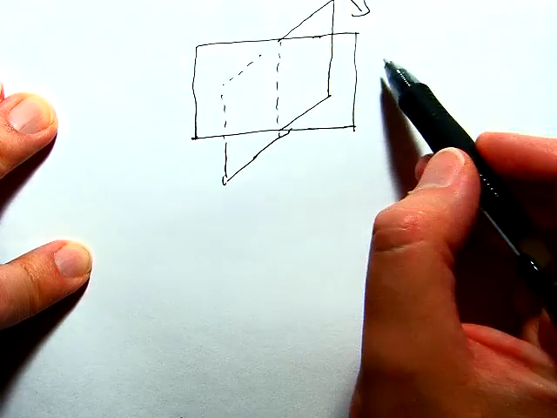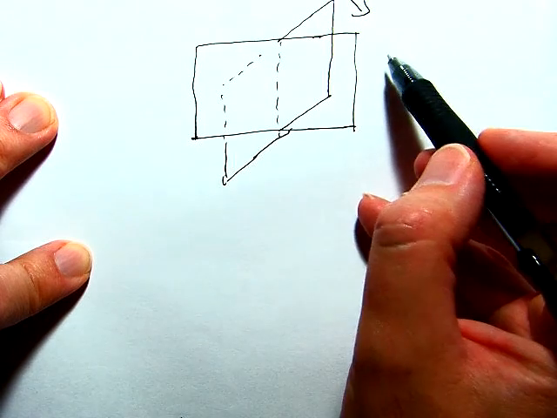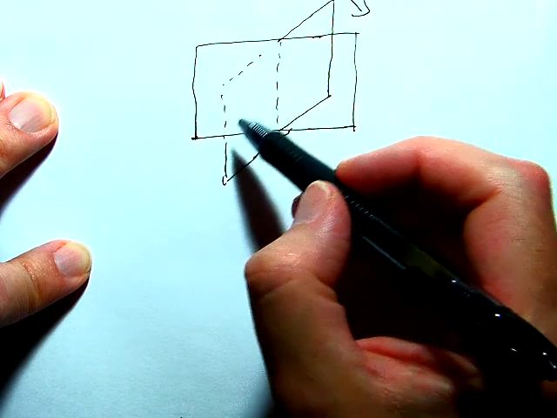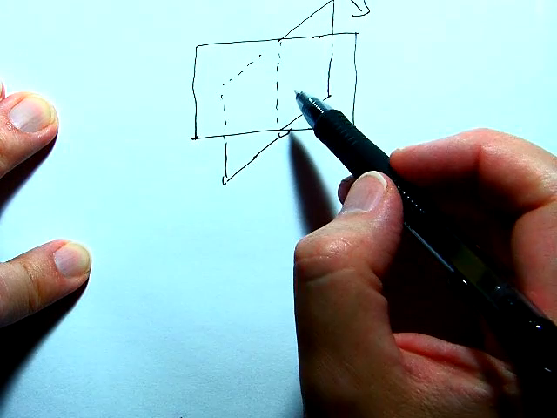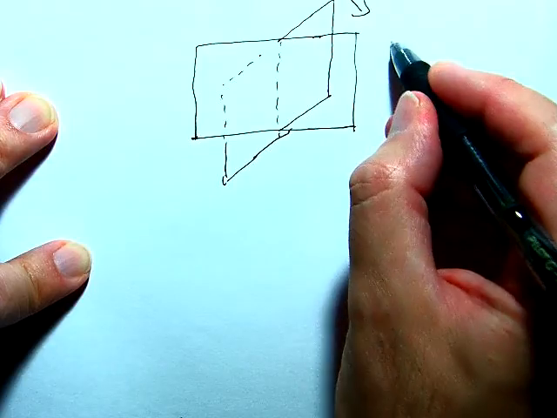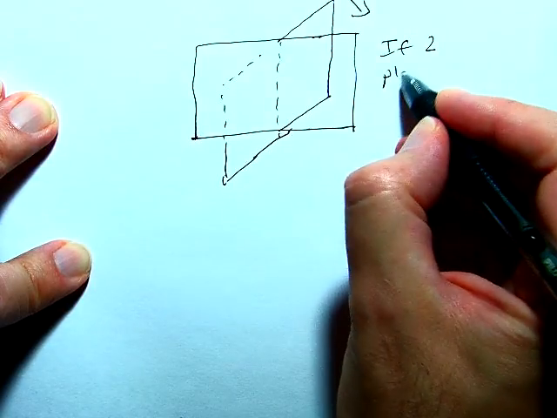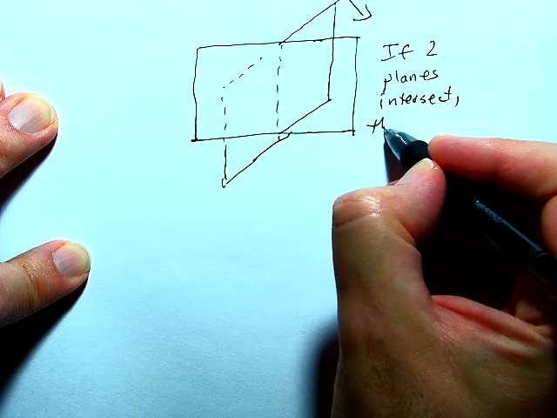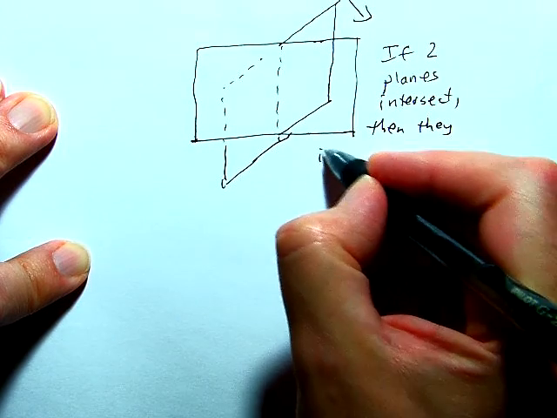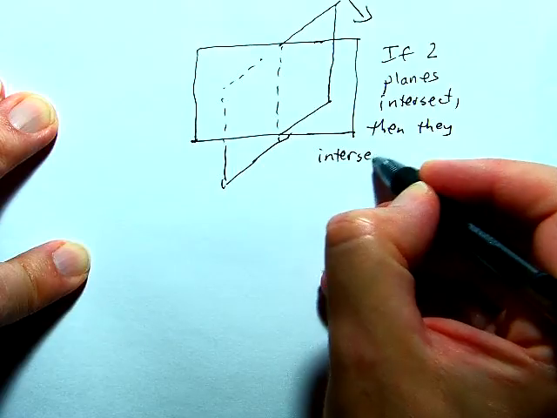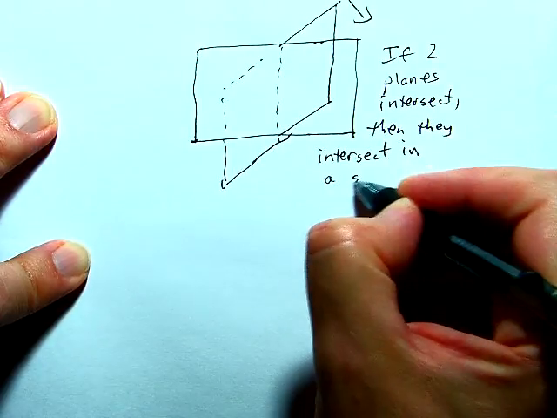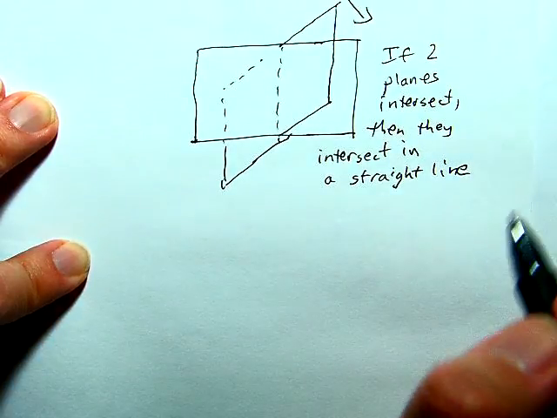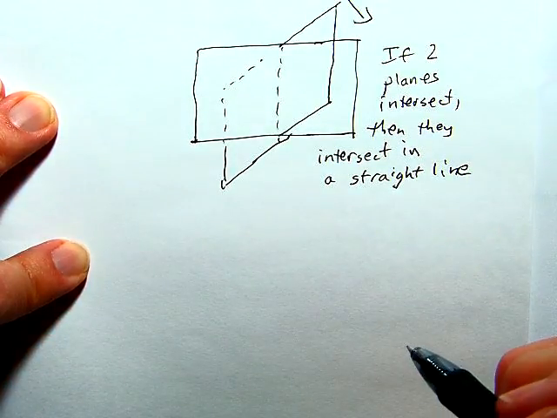The first plane is the book open, and the second plane is a page that's being turned, but going in an infinite direction in both length and width. Those two planes intersect. And if two planes intersect, then they intersect in a straight line. So if two planes intersect, then they always intersect in a straight line.